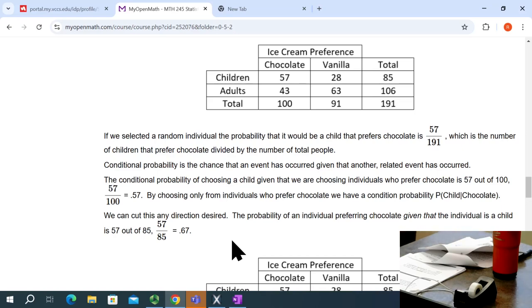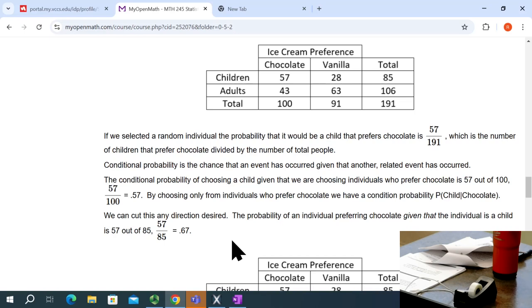How many are children and like chocolate? Every one of those boxes is that and that. So this is adults who like chocolate. Adults and chocolate, adults and vanilla.